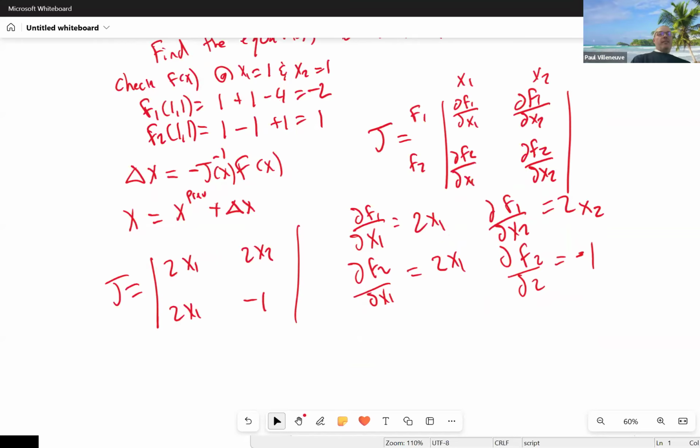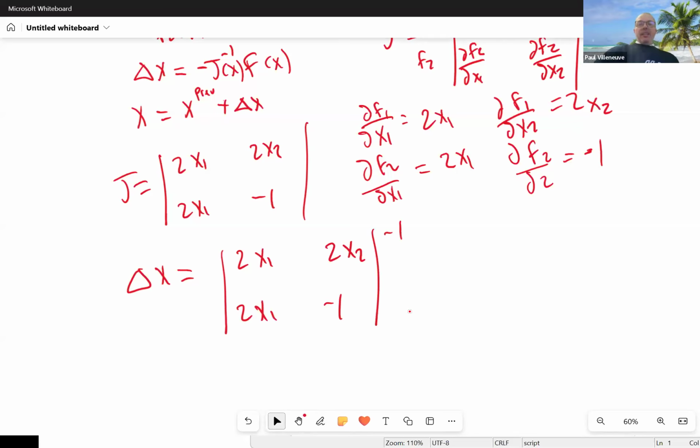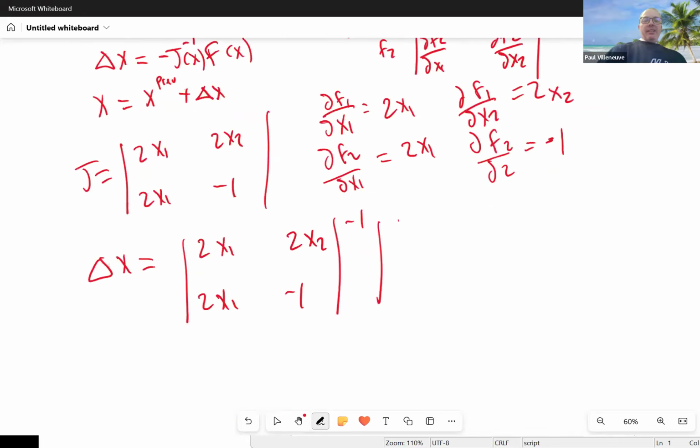So at this point, I'm ready to solve for my delta x, which is equal to the Jacobian 2x1, 2x2, 2x1, -1, raised to the power of -1. And then I multiply it by my f1 of x, x1 squared plus x2 squared minus 4, and my f2 of x.